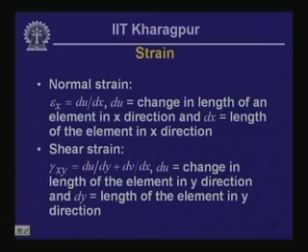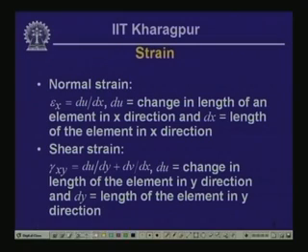Normal strain is given by change in length of an element in a particular direction divided by the length of the element in that direction, whereas shear strain represents the change of angle within the element, and the expressions are given as stated on this particular slide. You should note these expressions. We are going to draw a sketch to illustrate these expressions.